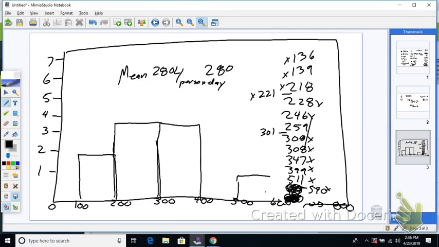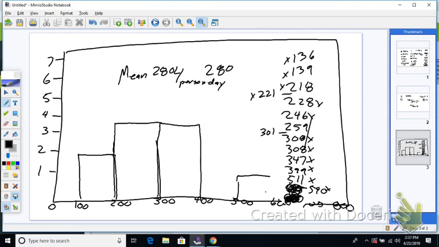Okay, what's the mode? I know it didn't ask for mode, but what's the mode? 308. Doesn't ask for that, but 308. So what do you think the national average was when this book came out? Probably about 7 years old. 2012?